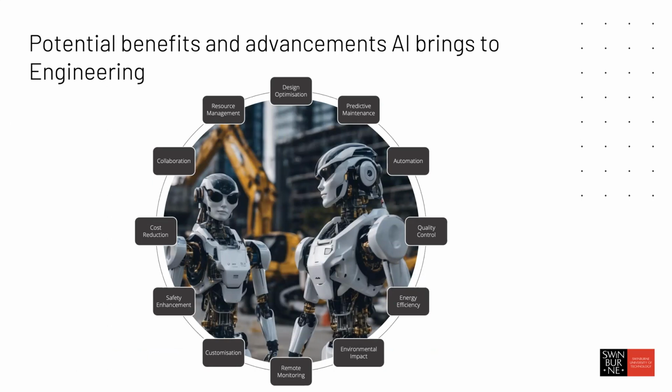They can lead to more efficient structures or systems, and they can reduce material and energy waste. In predictive maintenance, AI can predict when the equipment or machinery is likely to fail, allowing for preventive maintenance. This not only reduces downtime, but also extends the lifespan of your assets.